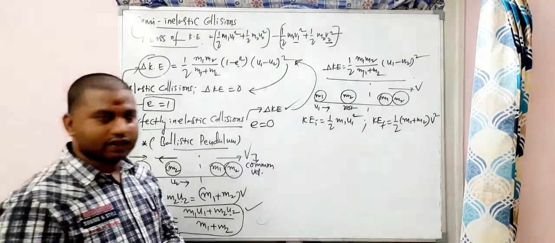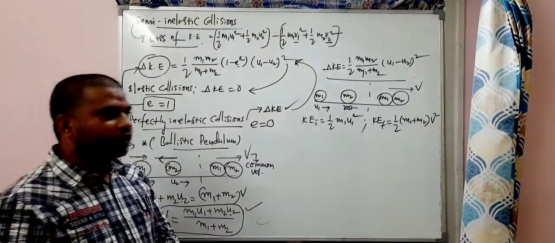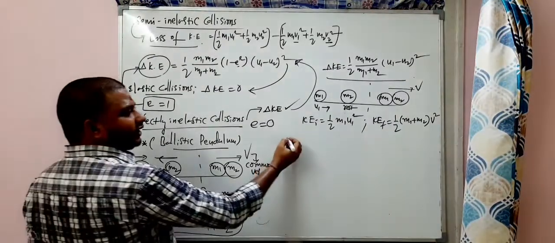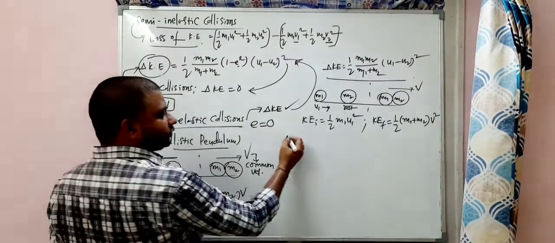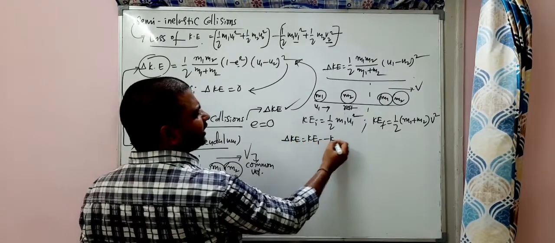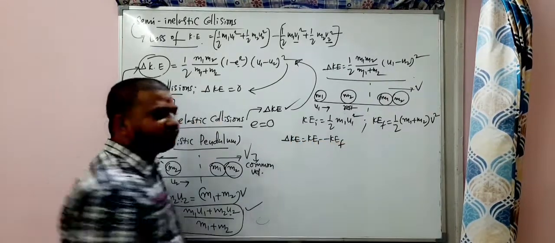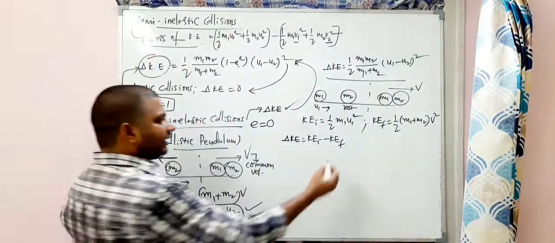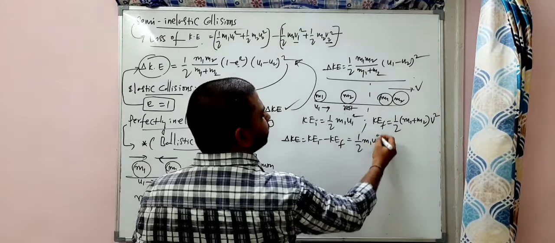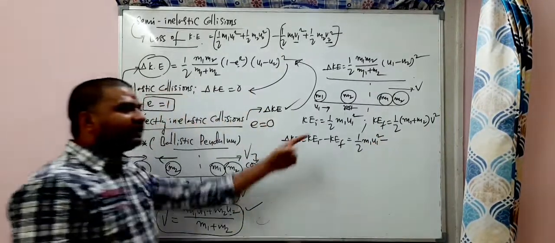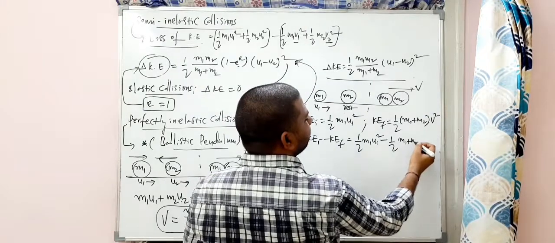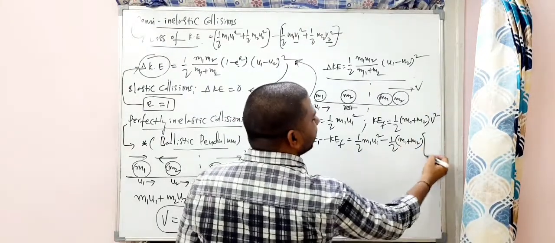Right? Now, observe carefully. So there is a loss of kinetic energy here. The loss of kinetic energy here is kinetic energy initial minus kinetic energy final. Kinetic energy initial is half m1 u1 square minus final kinetic energy, which is half into m1 plus m2 into v square.